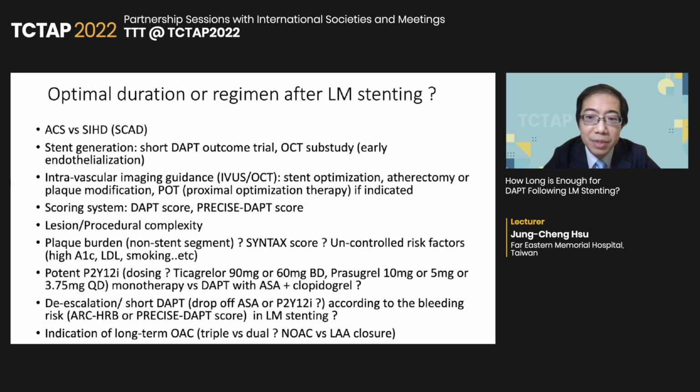De-escalation or short DAPT according to the bleeding risk, indication of long-term OAC in atrial fibrillation patients, triple or dual therapy, NOAC or LAA closure.